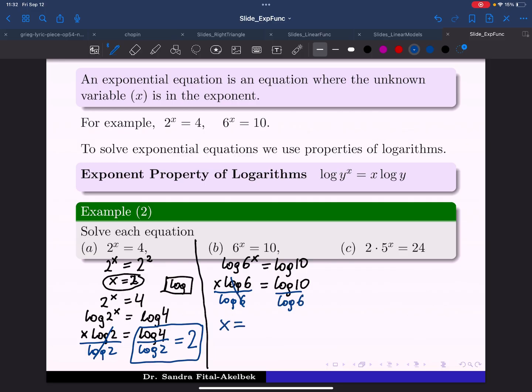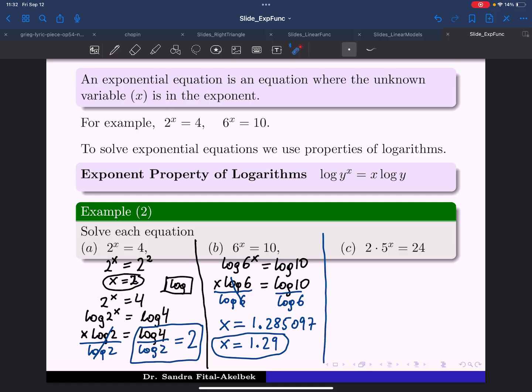So x is equal to, you type on the calculator, log 10 divided by log 6. And that should give us 1.285097. And if we round it to 2 decimal places, it would be 1.29. To 2 decimal places, we look at the next digit. If it's 5 or more, we increase that digit.